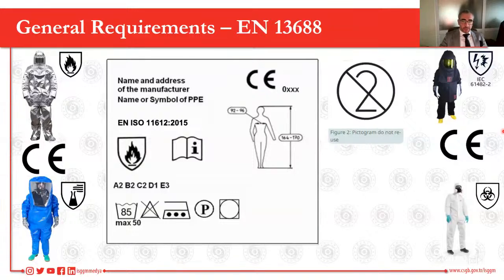Any labeling used in the protective clothing should be legible, visible, permanent, and in the official language of the country of destination. Labeling of any kind of protective clothing should include name and address of the manufacturer, trademark, designation of the product type, commercial name or code, pictogram with size designation, identification of the specific product standard, pictograms and levels of performance, only if required by a product standard, care labeling or qualification labeling.